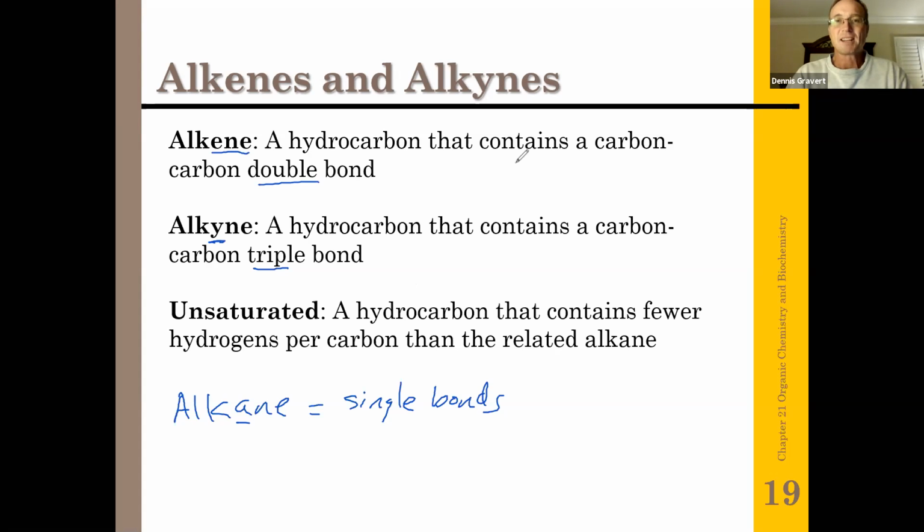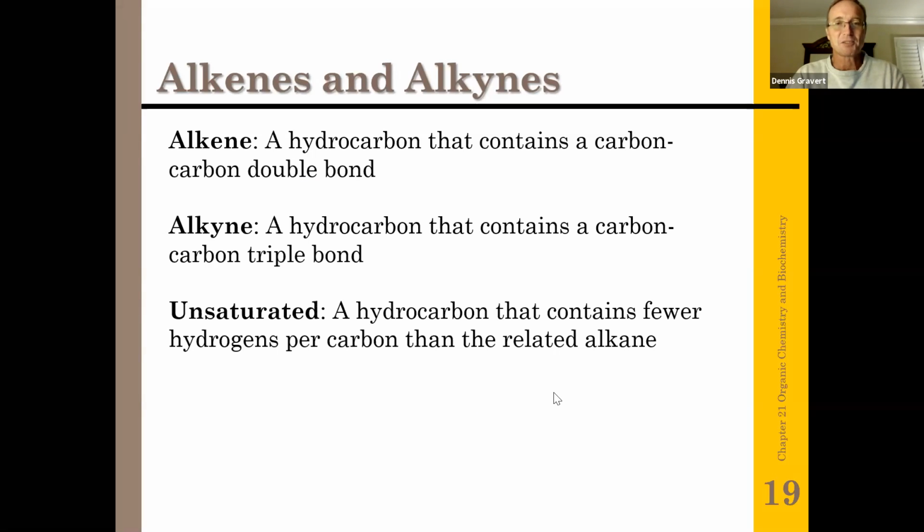At least 1 triple bond is alkyne. I know someone's thinking, what if it has both? We'll get to that next semester if you take organic chemistry. But actually in the name, you'll see both ene and yne if a molecule has both a double bond and a triple bond between carbons. Not this semester, I won't show that to you.